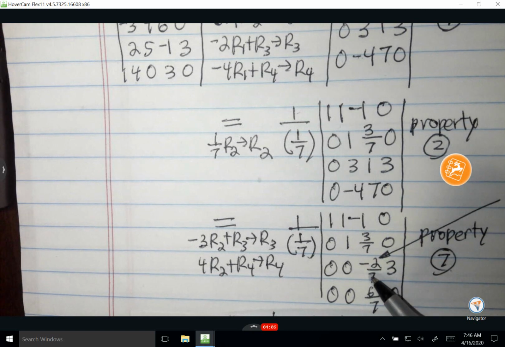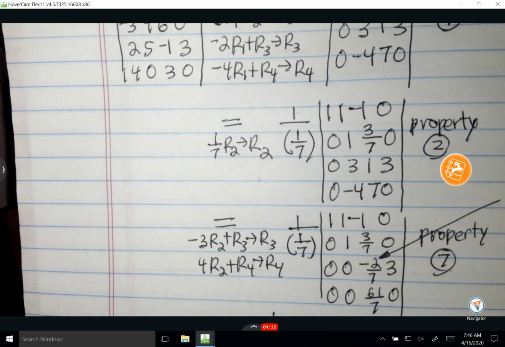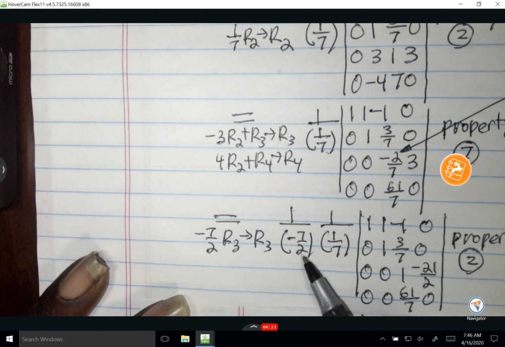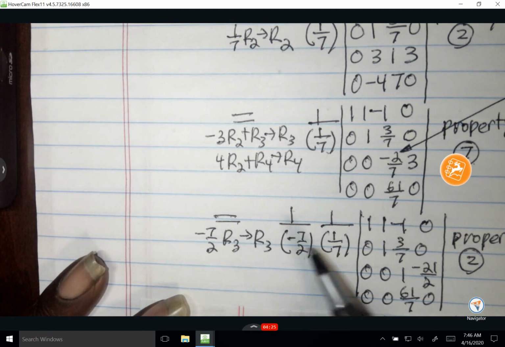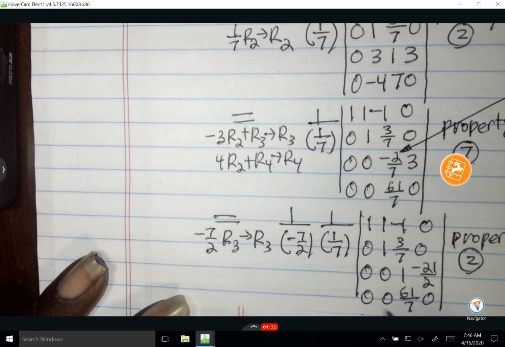But then the old one, which is right here, would be 1 over minus 7 over 2 times the new one. So we get this. So we pick up another error term when we do this move by property 2. And we get this matrix, this determinant.